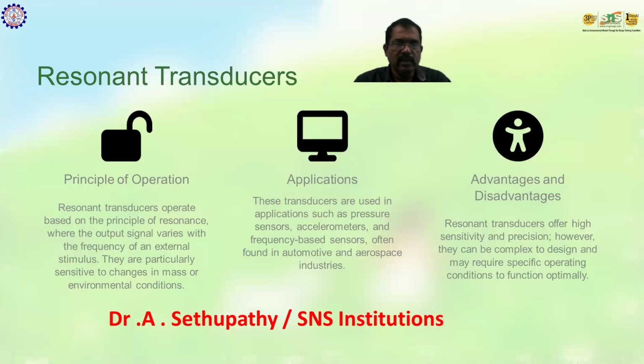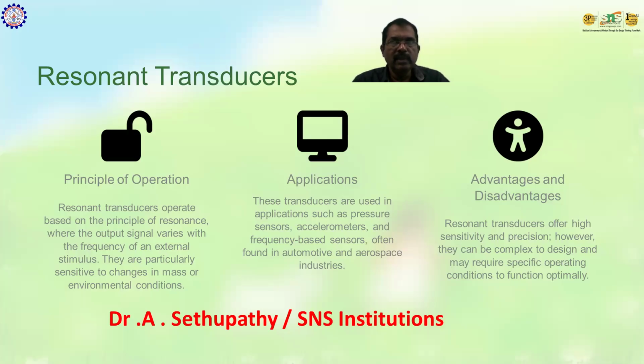Another one is resonant transducers. This operates on the principle of resonance. The output signal is the frequency in response to an external stimulus. They are particularly sensitive to changes in mass or environmental conditions. In resonant transducers we use frequencies, as in wireless communications and television relays and telecasts. Applications of this transducer are pressure sensors and accelerometers.